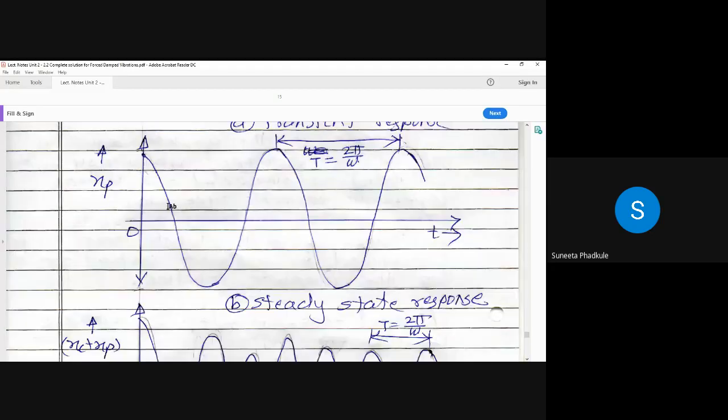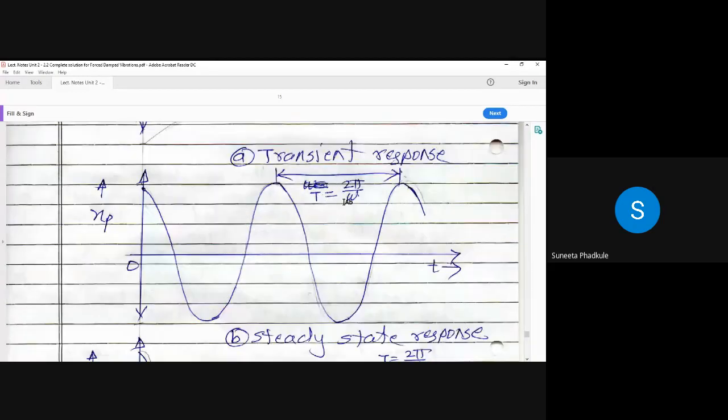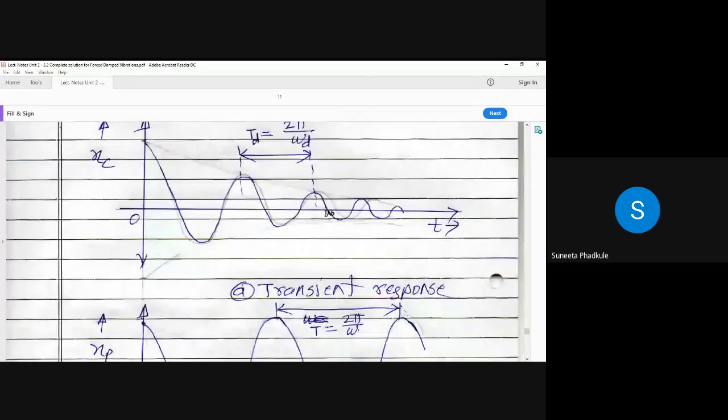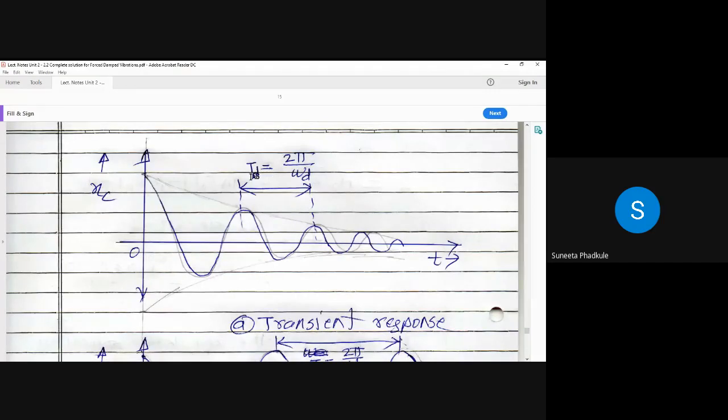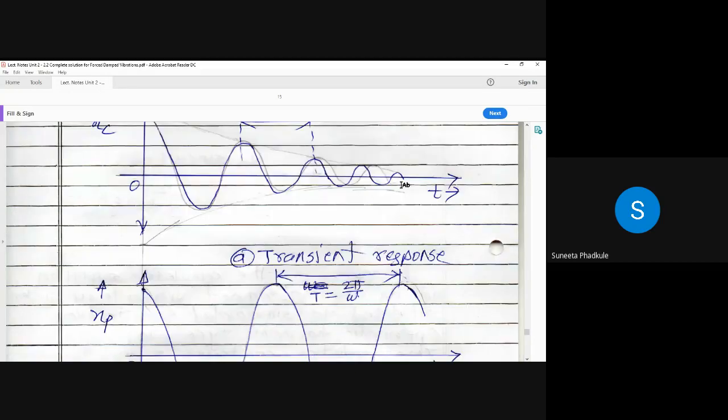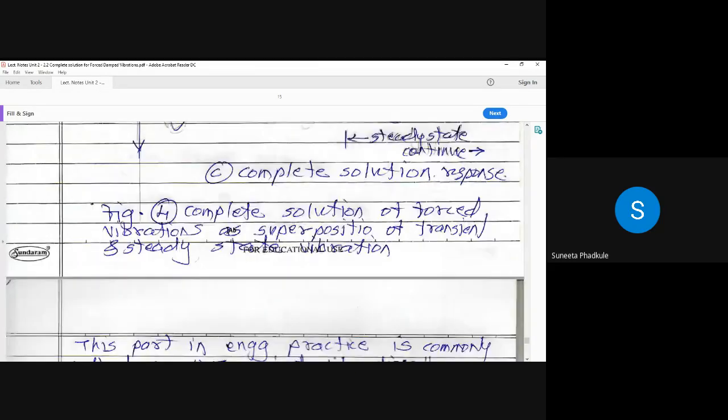These steady state vibrations are taking place at omega, that is the frequency of external excitation. That's why the time period is defined as 2 pi upon omega for the steady state response, and for the transient response Td, the time period for damping, is 2 pi upon omega d. And how to find omega d? Omega d is equal to square root of 1 minus zeta square into omega n. Understood? So the complete solution is like this.